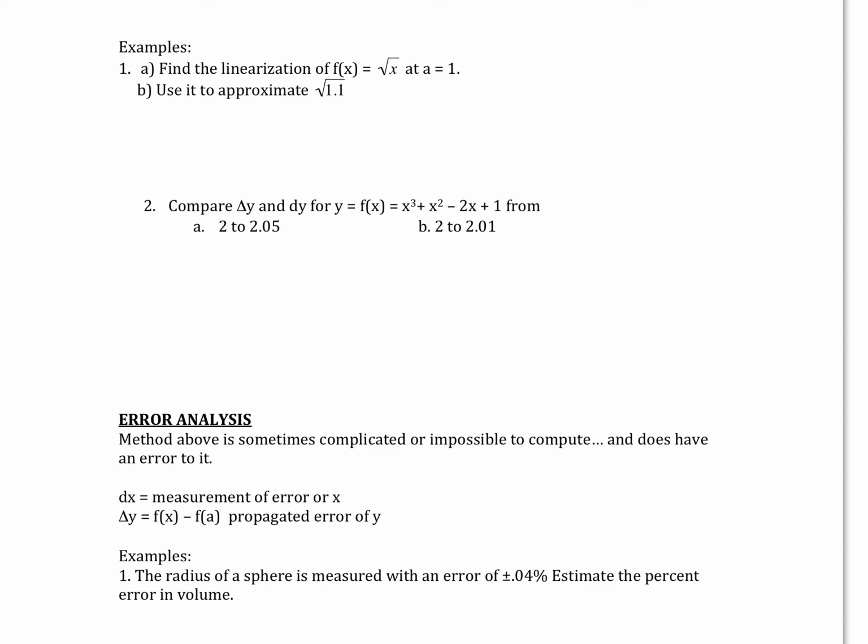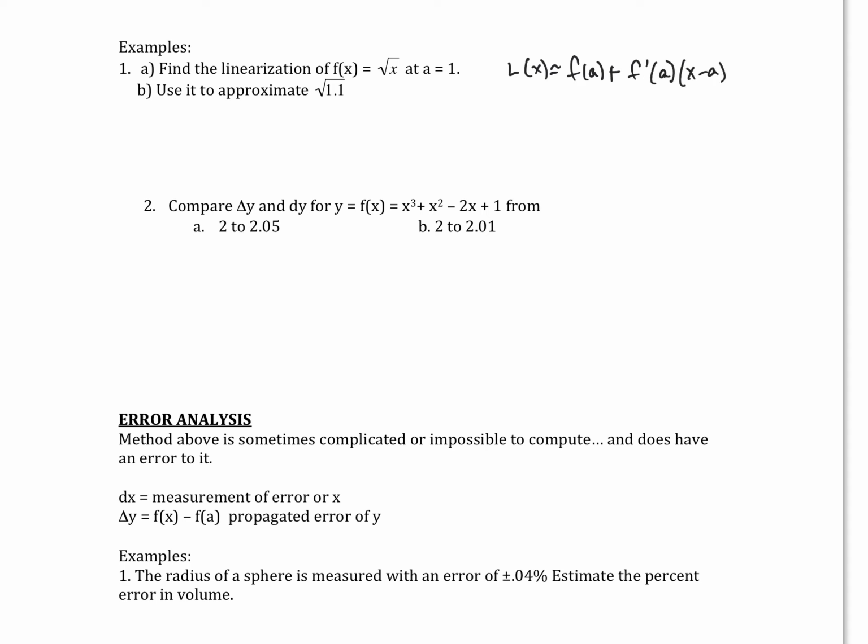Here's the first one. It says, find the linearization of f of x equals root x at 1, and then use it to approximate the square root of 1.1. So what is our linearization formula? Okay, we said our linearization formula was, and I'll write it right up here for you guys, L of x is approximately f of a plus f prime of a times x minus a, right?